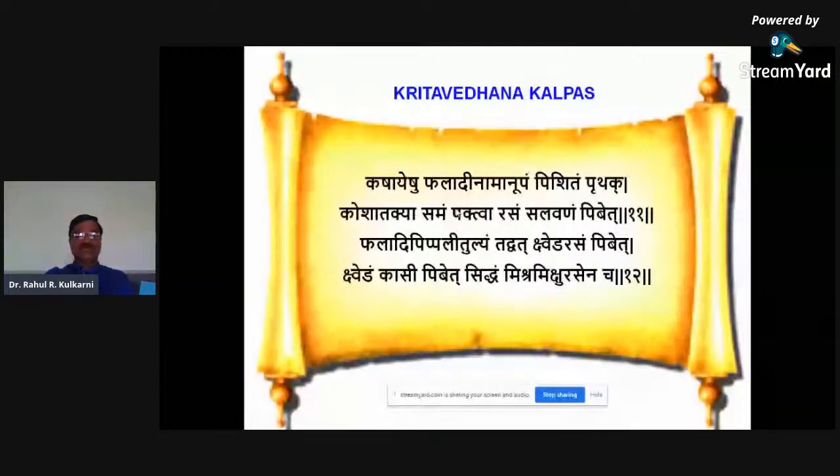Kashayeshu phaladinam anupam pishitam prithak koshatakam samam paktva rasam salavanam pibet. Now this is one mamsarasa prayoga that has been advised, where with the phaladinam kashaya, that is the six vamaka dravya kashaya separately, the anupa mamsa and an equal quantity of koshataki, that is krutavedana kalka, are taken. Four times the kashaya has to be taken and subjected to mamsa rasa paka.